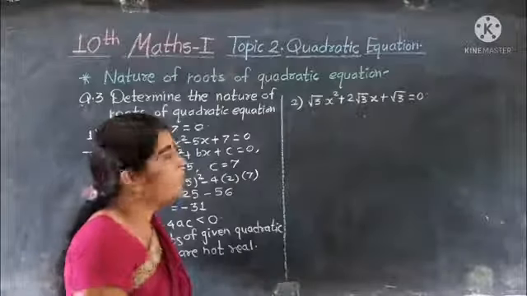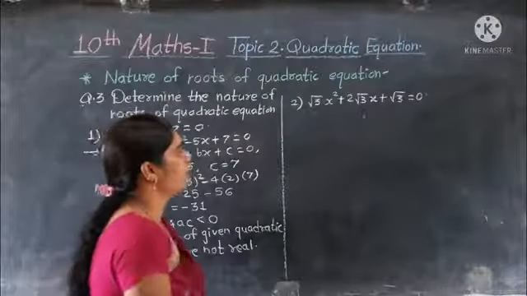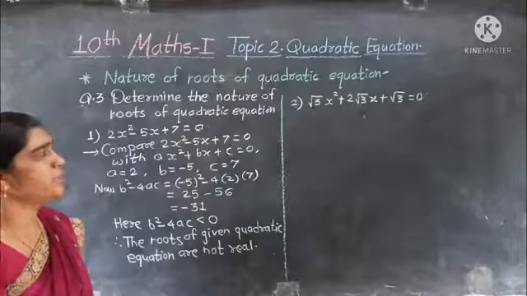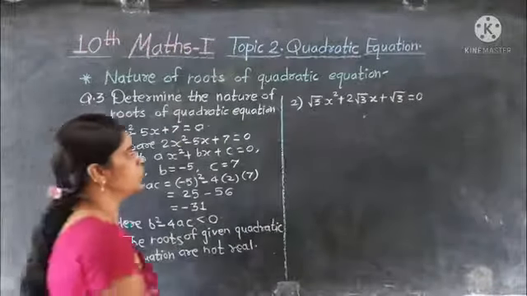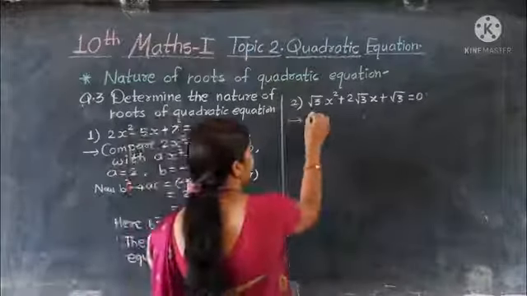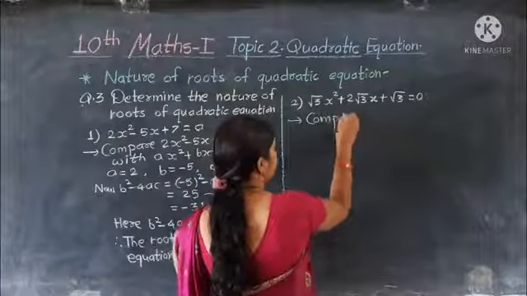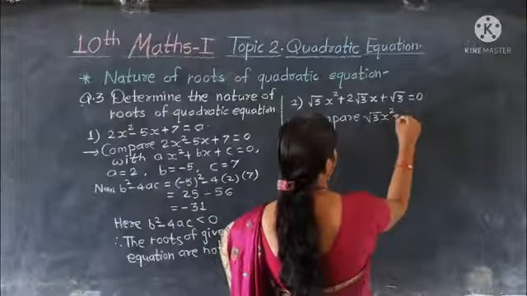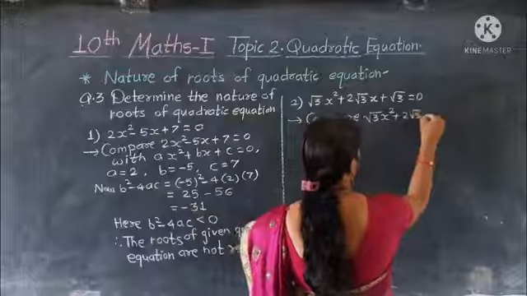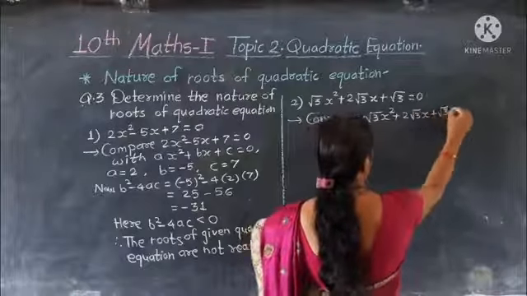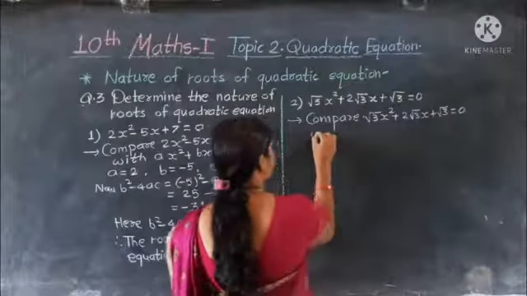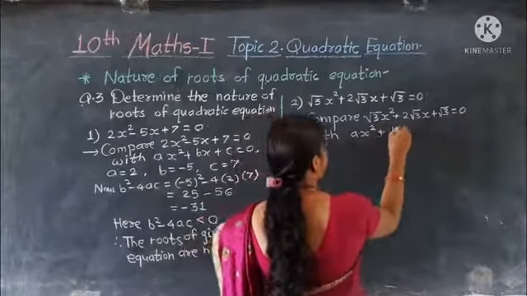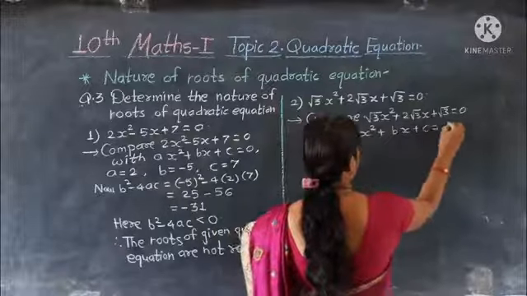Next one, same example is there. Root 3x square plus 2 root 3 x plus root 3 is equal to 0. You compare this root 3x square plus 2 root 3x plus root 3 is equal to 0 with ax square plus bx plus c is equal to 0.